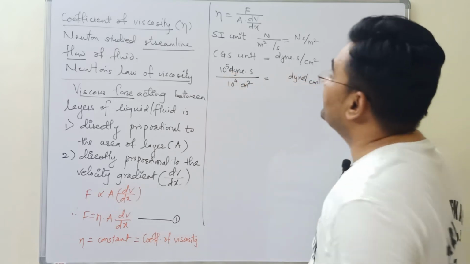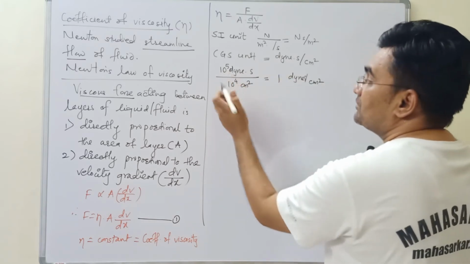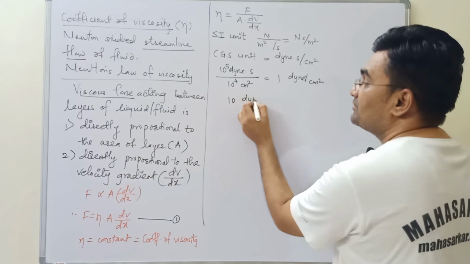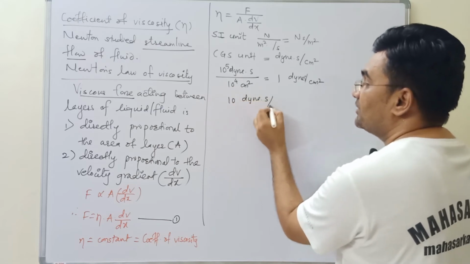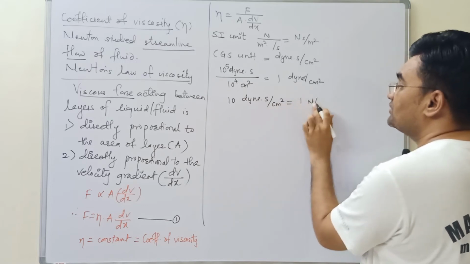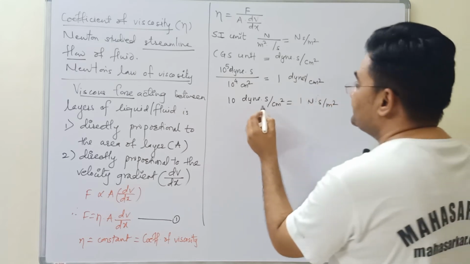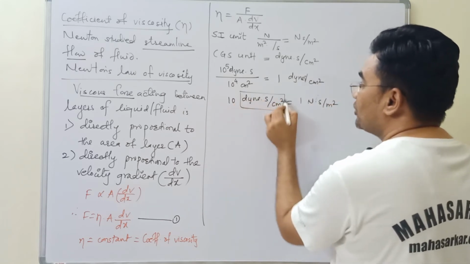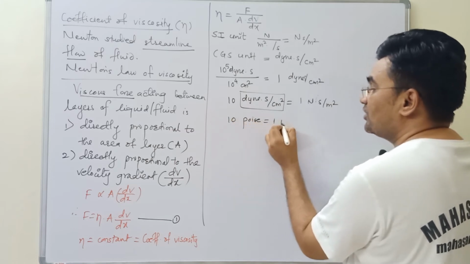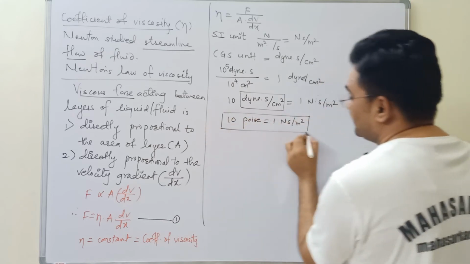So 10 dyne second per centimeter square is equal to 1 Newton second per meter square. This unit is also called poise. So 10 poise is equal to 1 Newton second per meter square. That we have to remember.